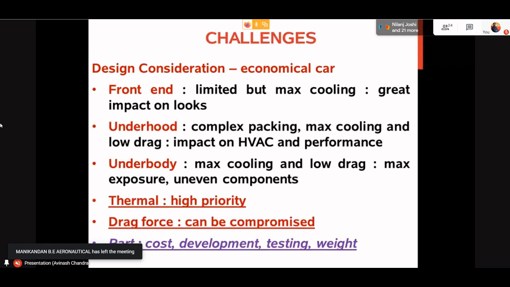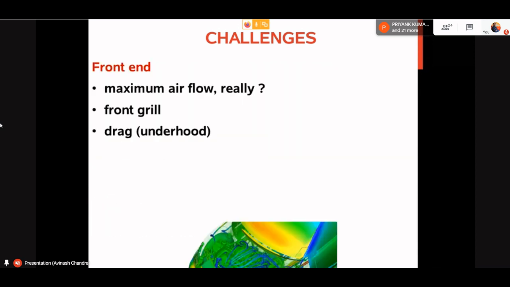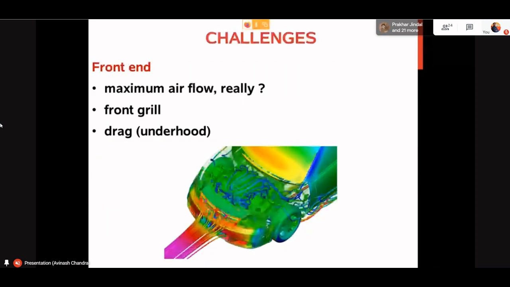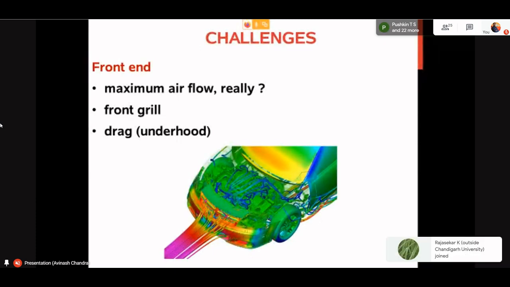So aerodynamic forces we will not consider much, but thermal is very important, because thermal failure in the car can cause a lot, and drag can be compromised. It's fine if the drag coefficient of the car goes to 0.45 or so. Not 0.8, 0.8 is for trucks. 0.5 is typical, 0.4 is for SUVs, but it's not going to affect much, even if you're going on highways, since you're driving just for a day or two.